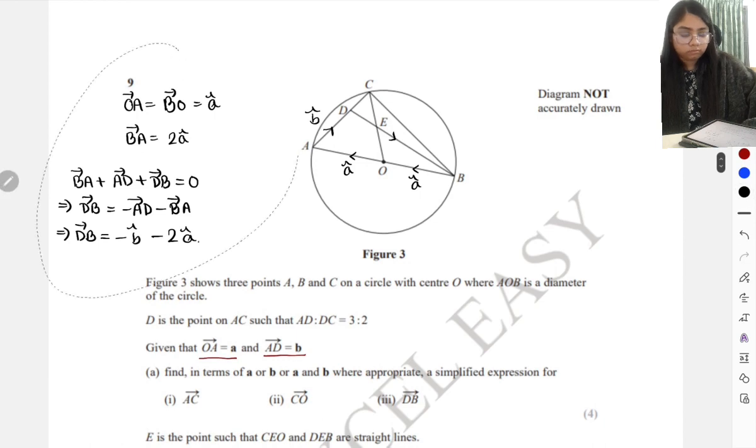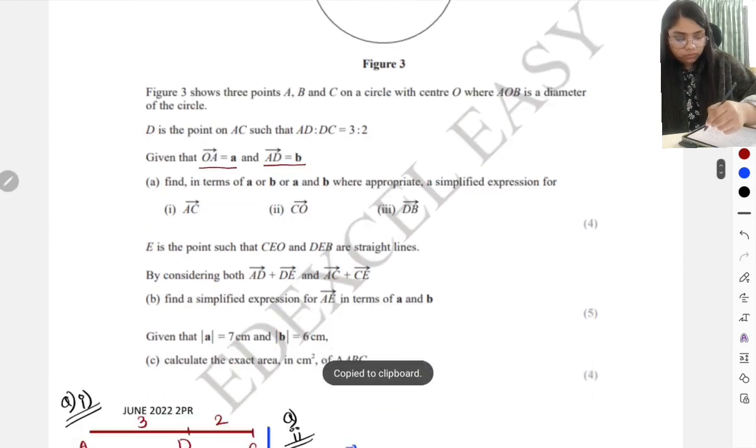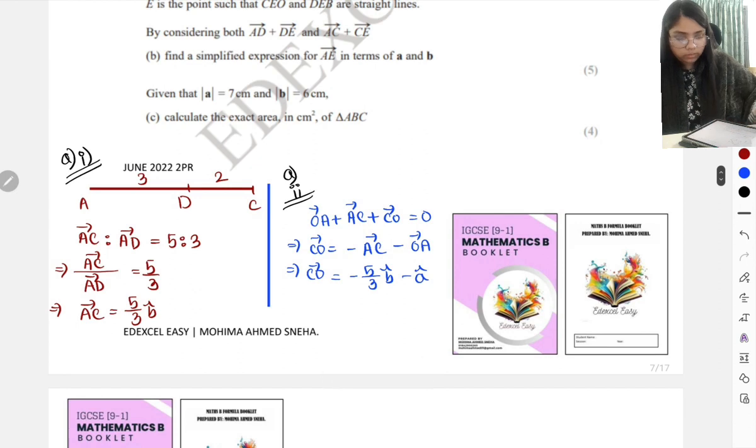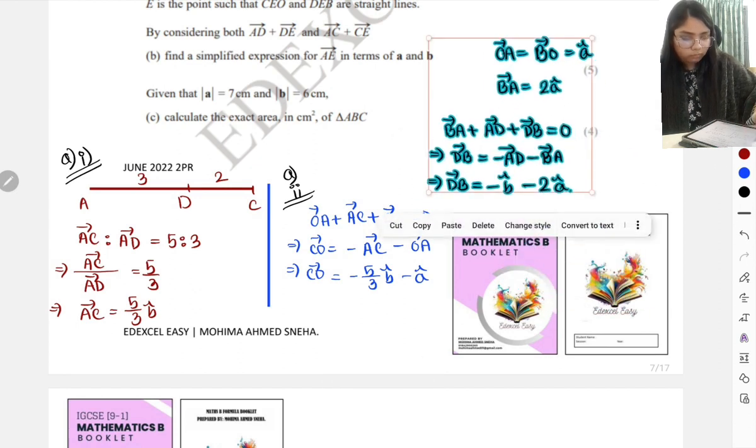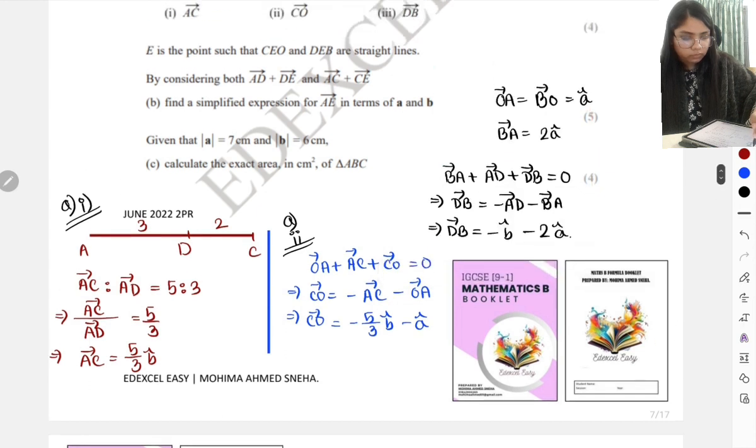Right, so that is it for part 3. I'll just cut this and paste it over here again. I'm quite sure I don't have much space for it over here, so I'll just write it like this in this space, right?